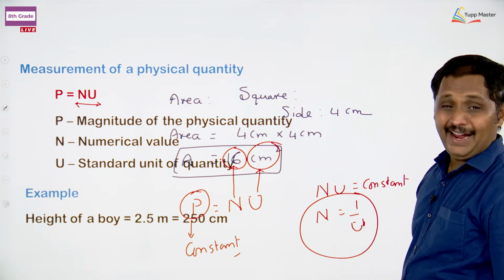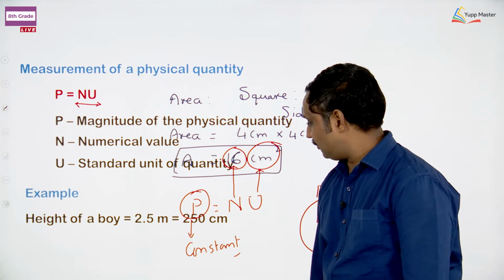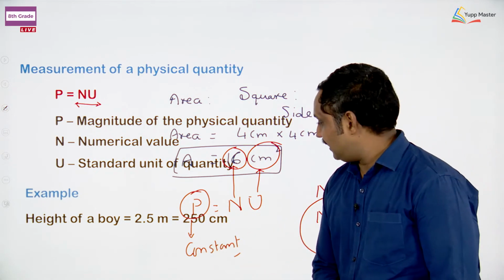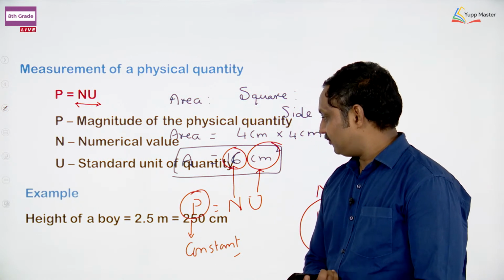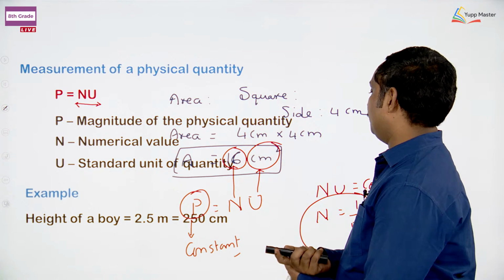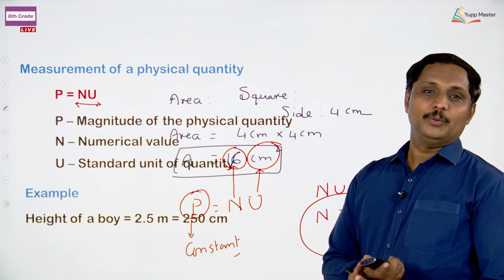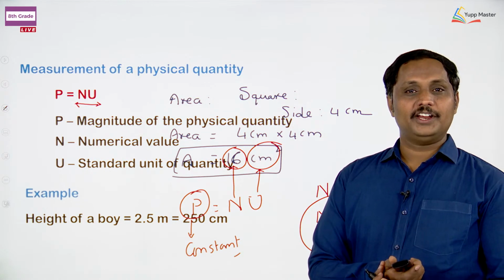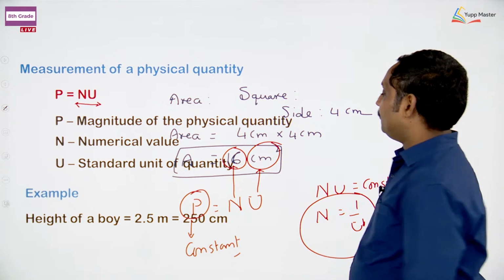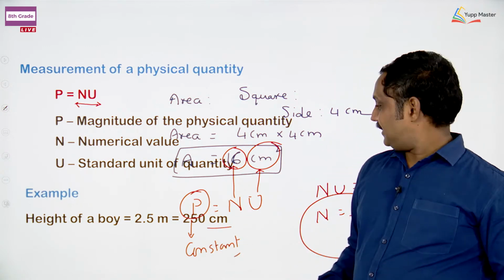They have given the height of a boy as 2.5 meter. How is it possible? Okay, they have given it, but you might find some persons whose height is 250 centimeters. It is an abnormal height, you might find such people very rarely. 2.5 meters was expressed in terms of 250 centimeters.